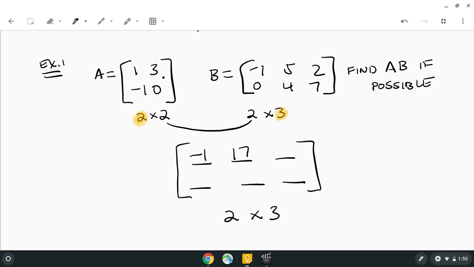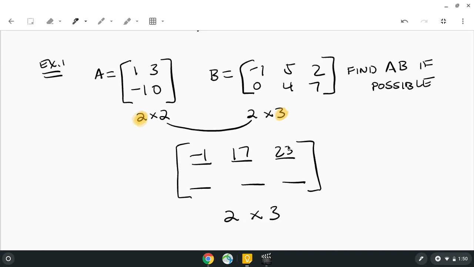Again, 2 elements here, 2 elements here. So 1 times 2, combine that with 3 times 7. 1 times 2 is 2, 3 times 7 is 21. So we get 23. Okay, so I'm done with my first row.